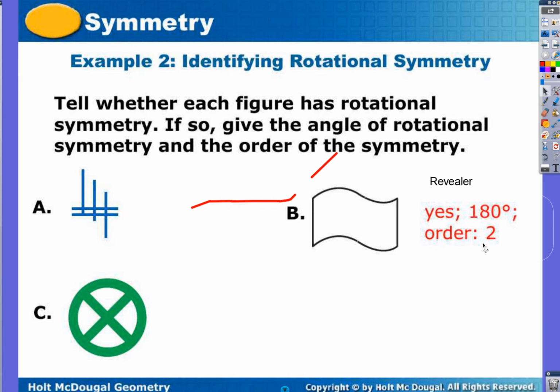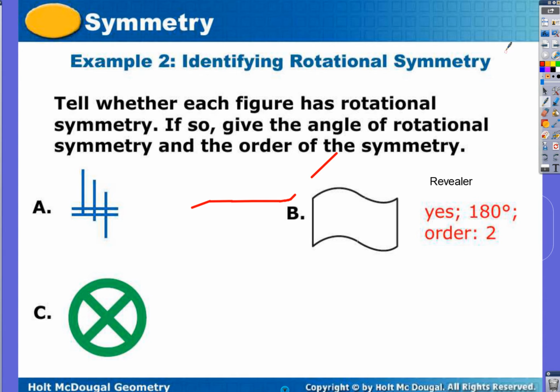I doubt you're going to see a 52-degree angle of rotational symmetry. Typically, it would be numbers that divide evenly into 360, like 10, 20. But the most common ones, if you want to write it down, would be 90, 180, 270. And actually not even 270, because then that'd be too much.